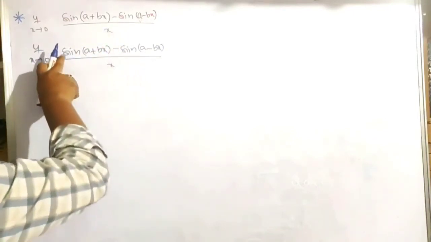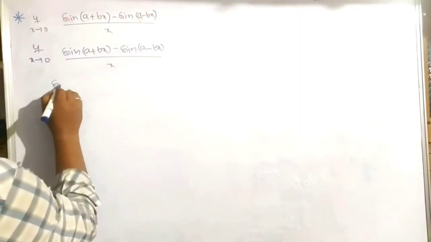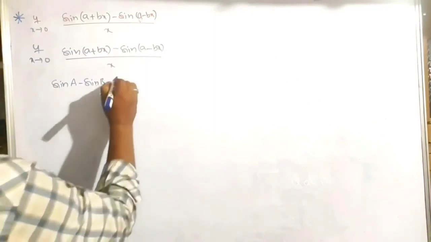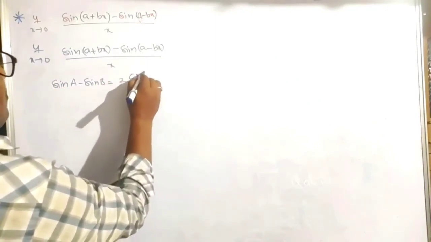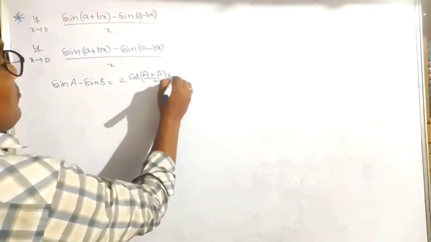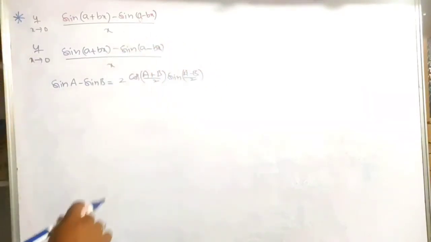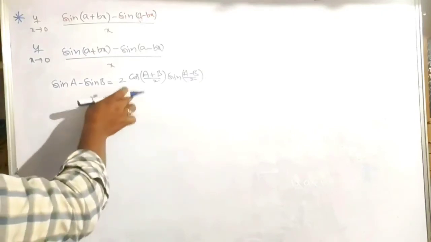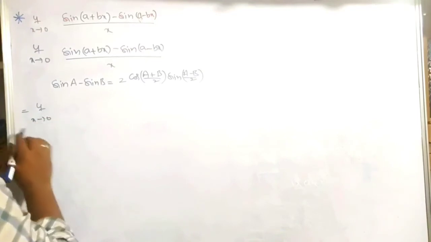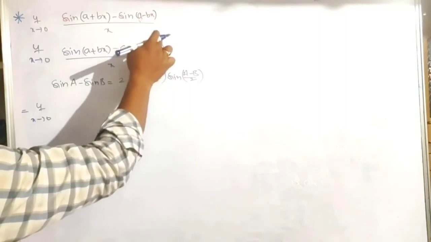Now if you observe this one, it is in sin a minus sin b form. Sin a minus sin b is equal to 2 into cos of (a plus b) by 2 into sin of (a minus b) by 2. This is the formula. So now apply this formula here. Therefore limit as x tends to 0: this is a, minus sin, this is b.